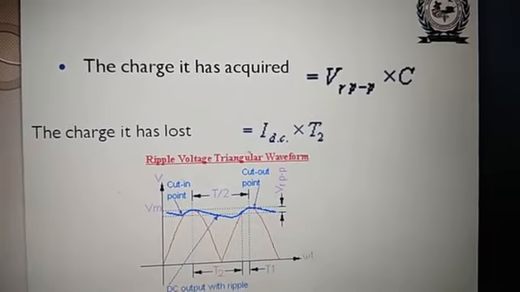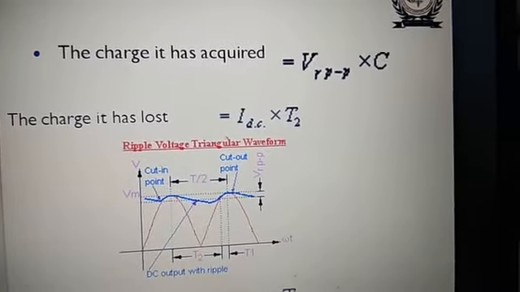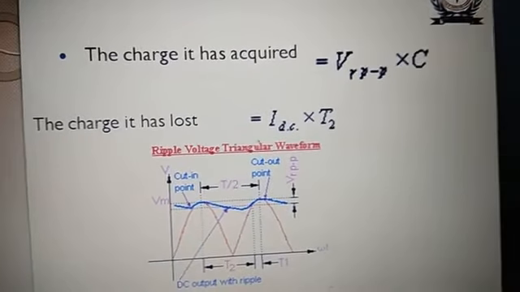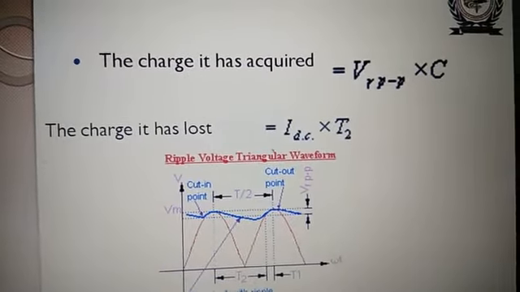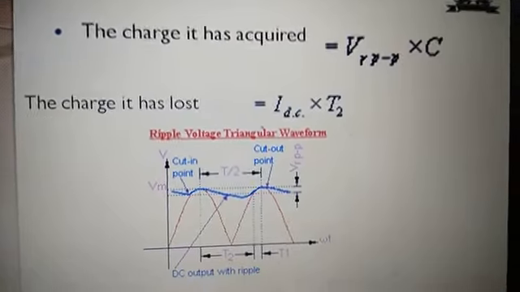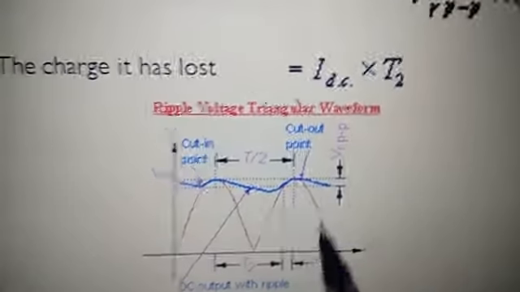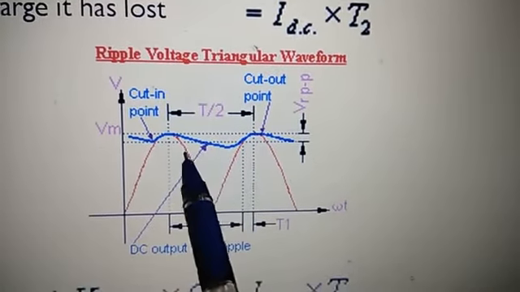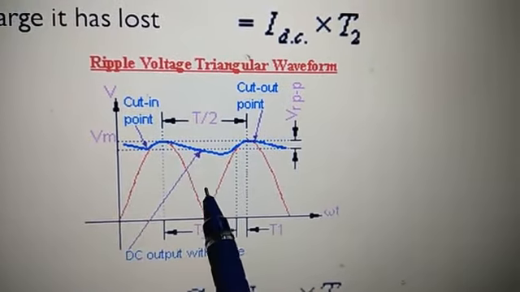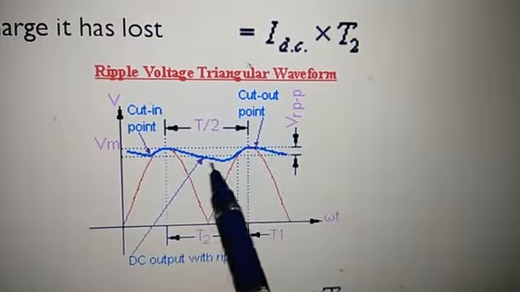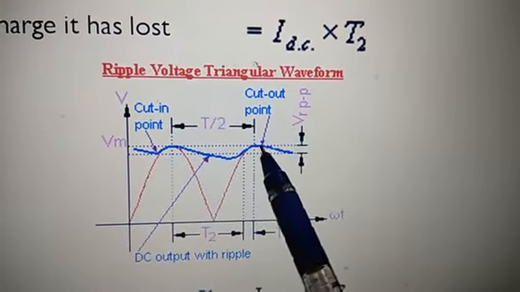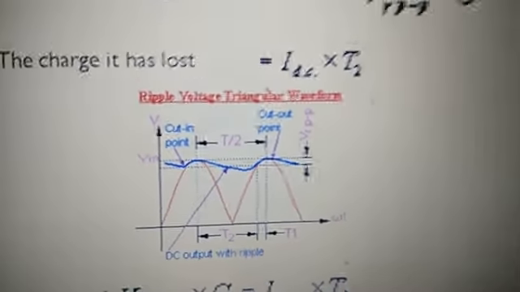The charge required is V ripple peak to peak into capacitor, and the charge lost is IDC into T2 according to this diagram. You can see this diagram. This is the ripple voltage shown in the figure, cut in point, cut out point and time.